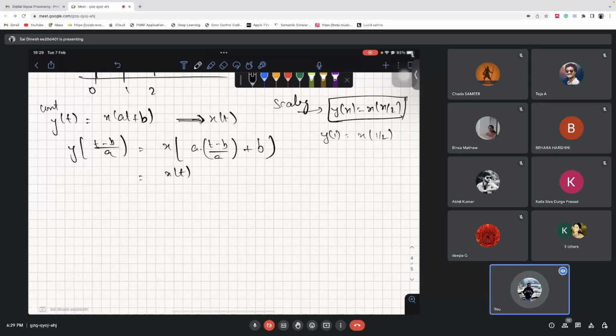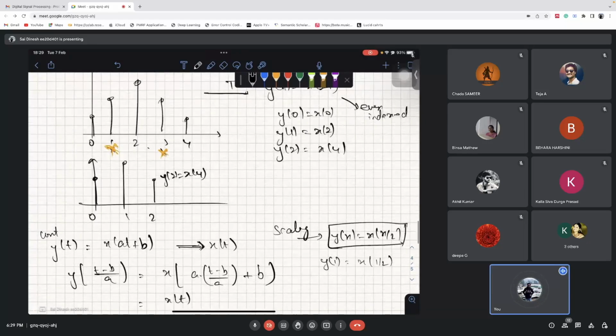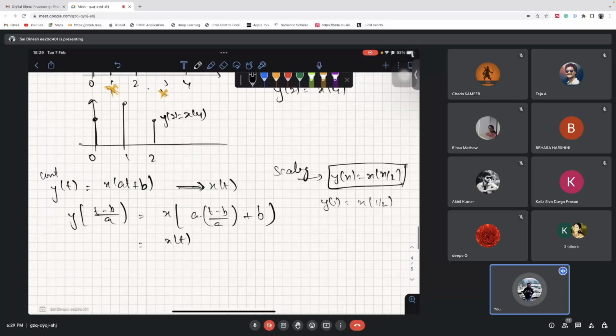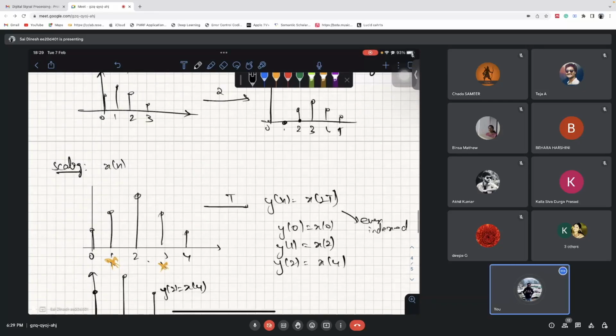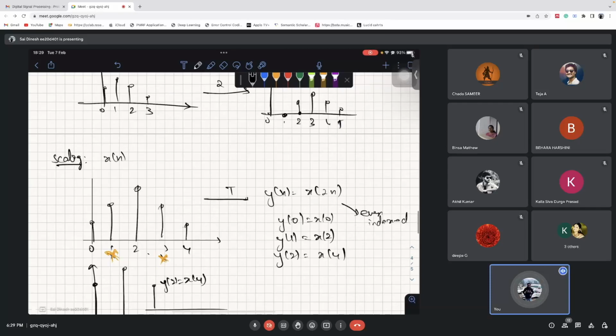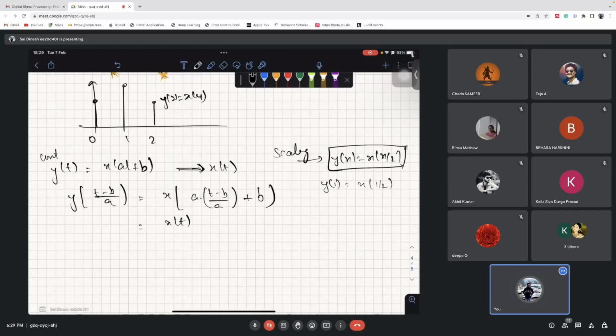In the case of x of 2n, maybe you can recover. But here, with x of n by 2, you are losing out some samples. y of 1 is equal to x of 1 by 2, which is not defined, basically. It is not equal to 0, it is undefined, right?